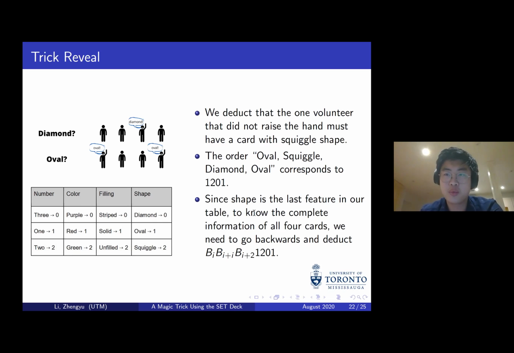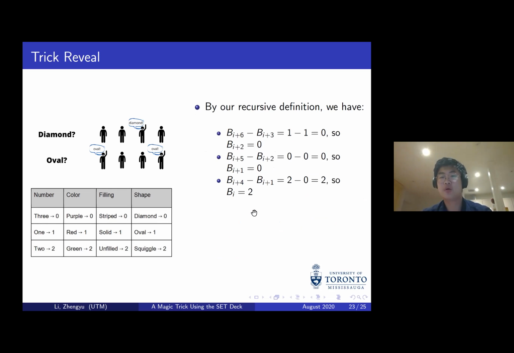So remember that we always need 7 digits to complete this trick. By our recursive definition, but in reverse, so instead of adding, we're doing subtraction. So in order to get the b_i plus 2 digit, we're doing b_i plus 6 minus b_i plus 3. So 1 minus 1, we get 0, and mod 3, that's still 0.